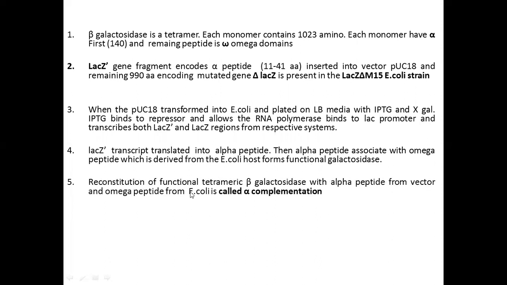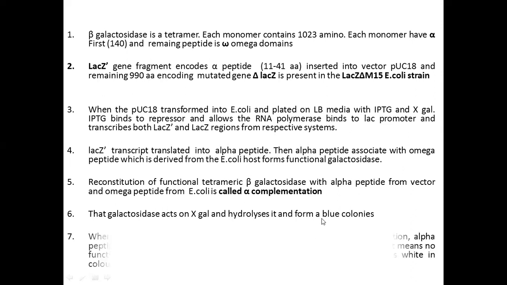A reconstitution of functional tetrameric beta galactosidase with alpha peptide from vector and omega peptide from the E. coli is called alpha complementation. That beta galactosidase acts on X-gal and hydrolyzes it to form blue colonies.